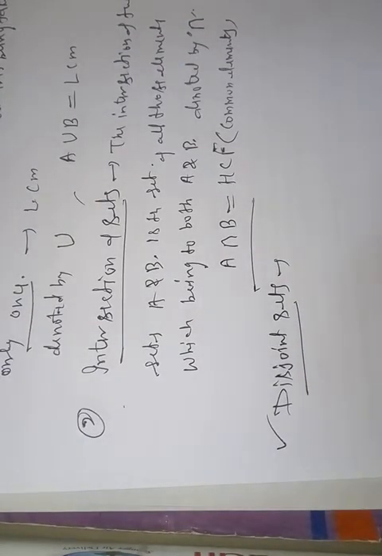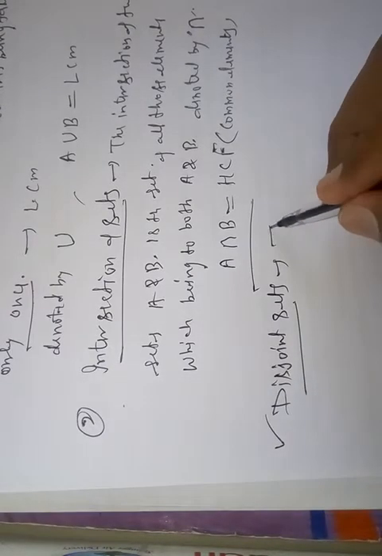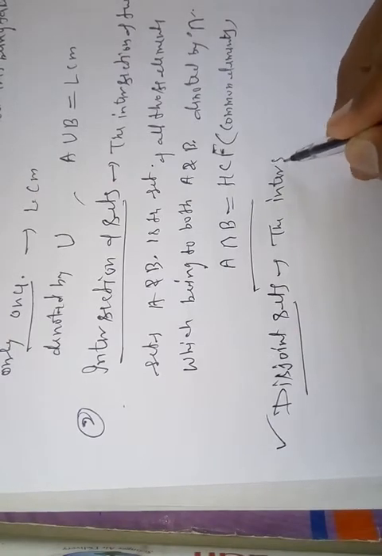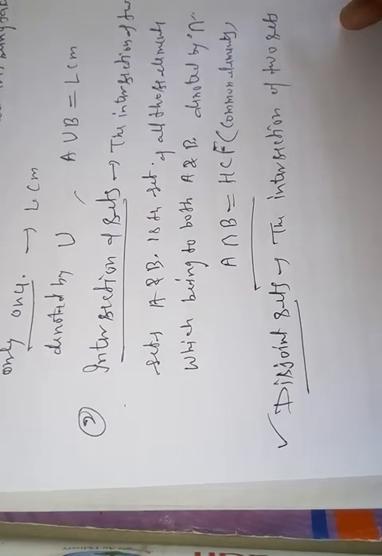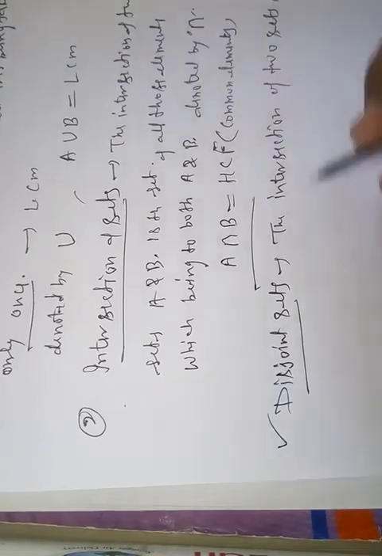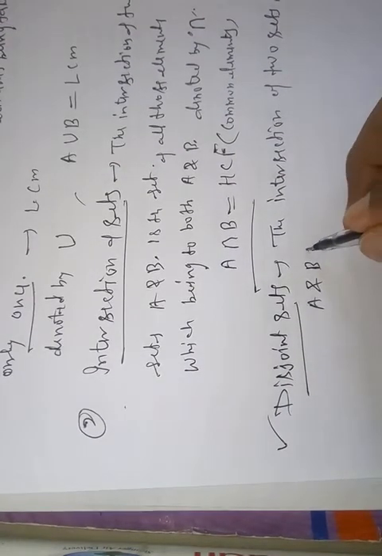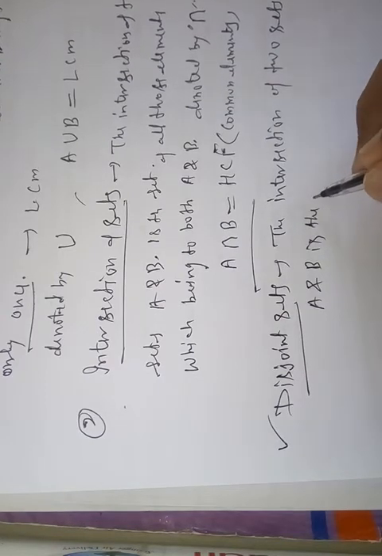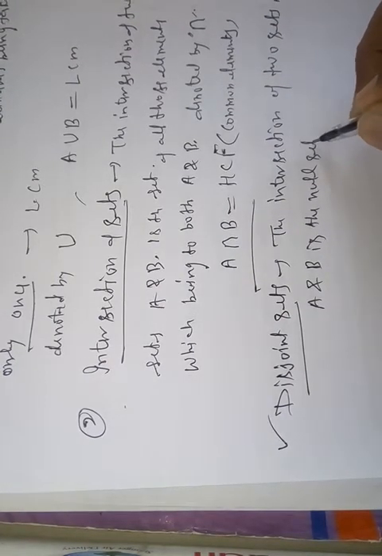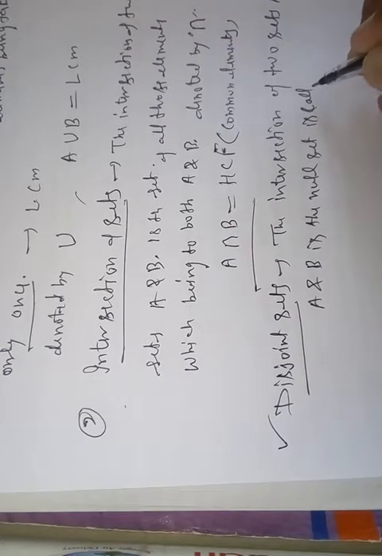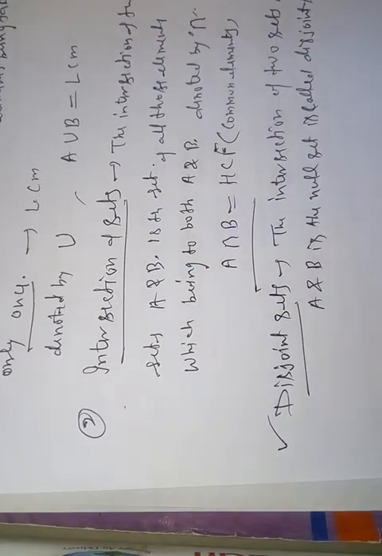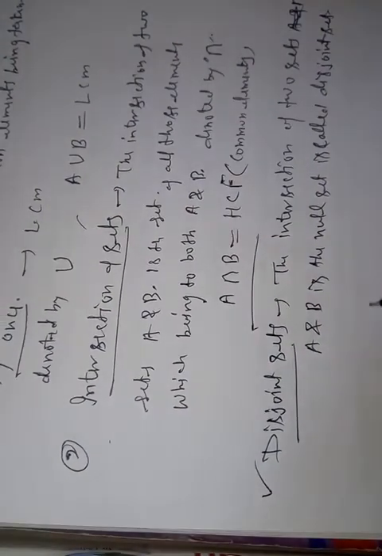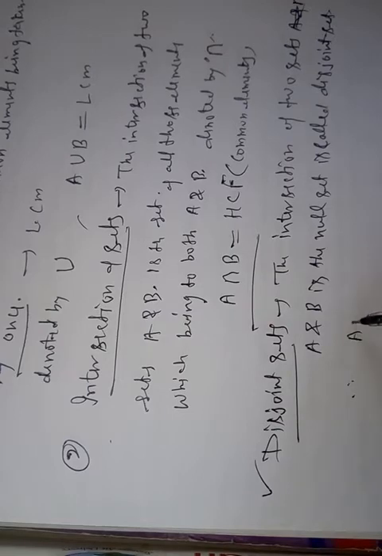If the intersection of two sets A and B is the null set, then they are called disjoint sets. We denote this as A intersection B equal to phi, and phi is also the null set.